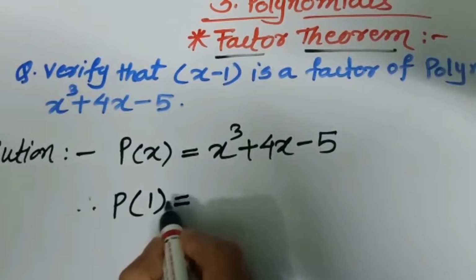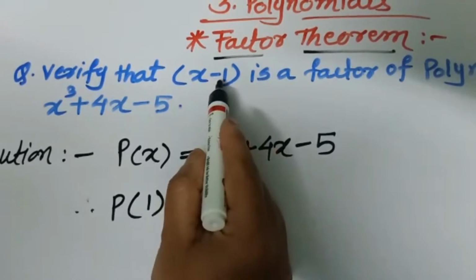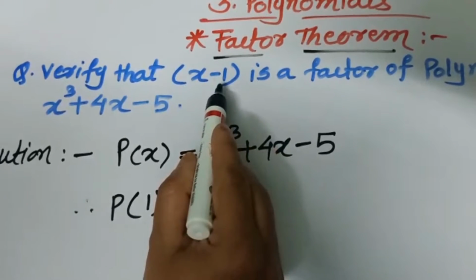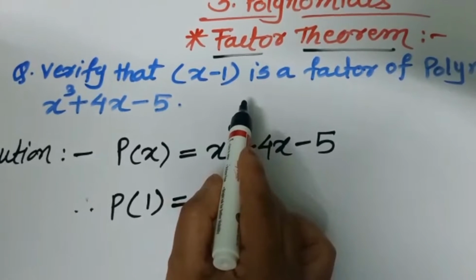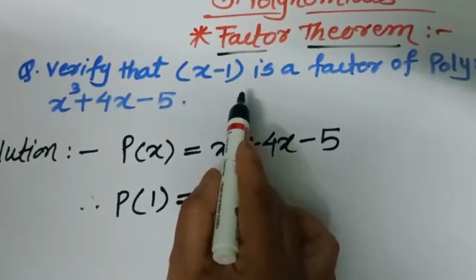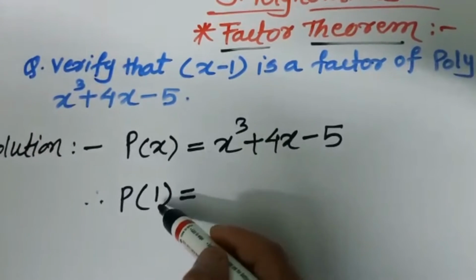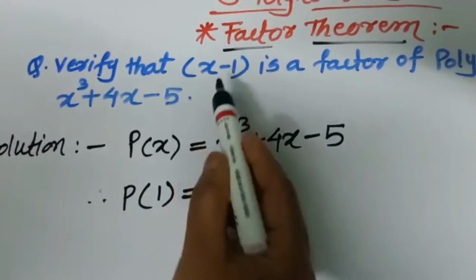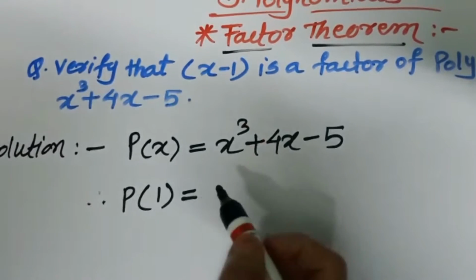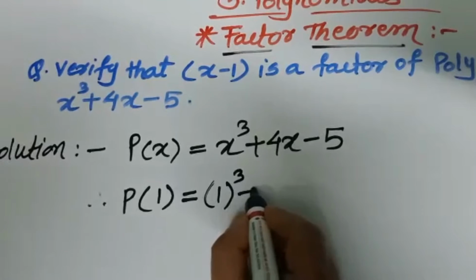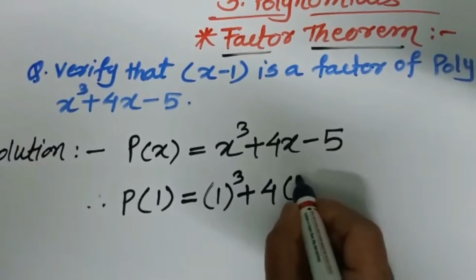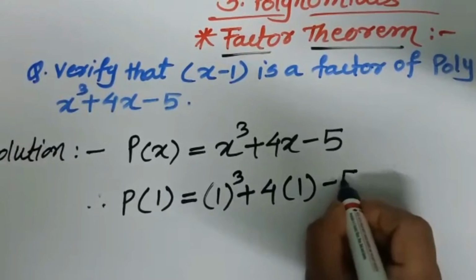Why are we taking plus 1? Because it is the opposite number of the minus 1 which is in the divisor. While replacing any variable by a number, we have to take that number's opposite sign. So if it is minus 1, then we take plus 1. So p of 1 is equal to 1 cube plus 4 multiplied by 1 minus 5.